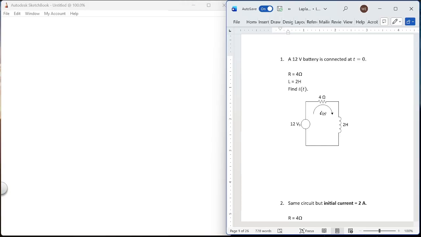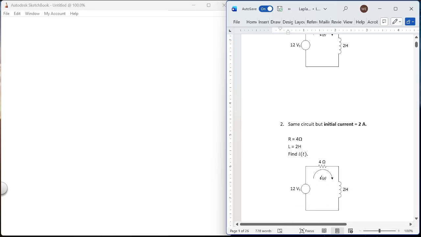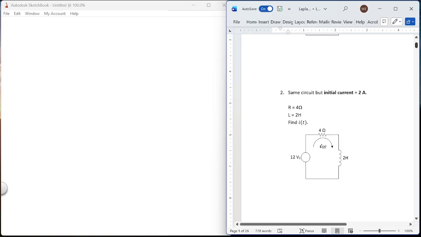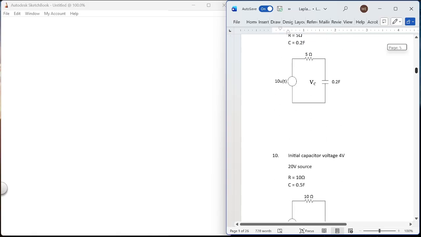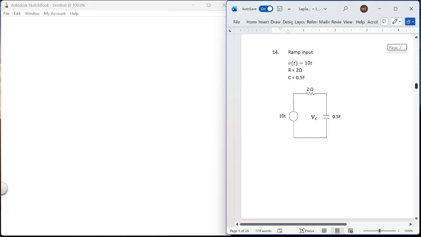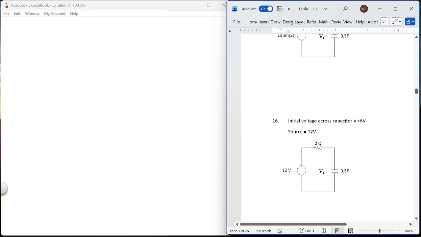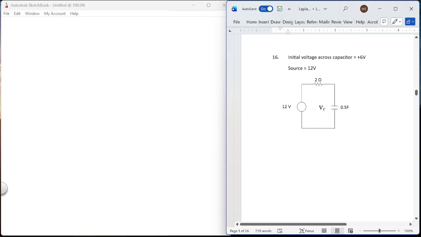But I got them out of the Van Valkenburg text, some of them, and some of them I got with that tank circuit I just got off of ChatGPT. So if you want to know where I'm getting these problems from, a variety of sources. But I promise you, I will not give you anything on a test that is more difficult than the questions that you got here. So that's my story, and I'm sticking to it.